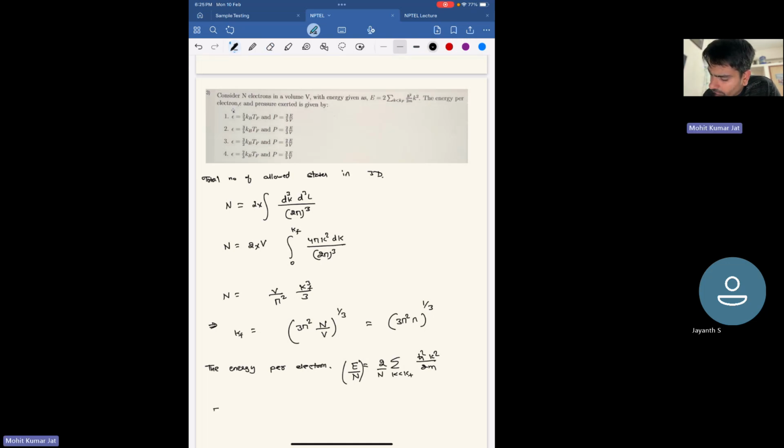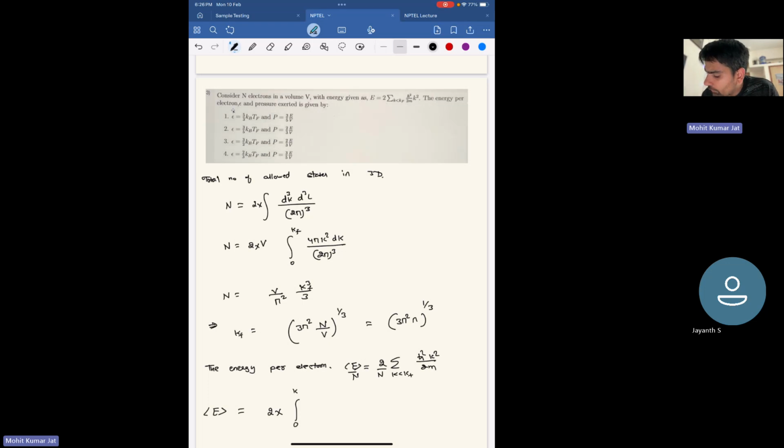So let's just first calculate the E. What is the E? E will be 2 times, if the integration is there, I will have to take the dk basically. For the number of states, I can do the integration, and that will give me the total energy basically.